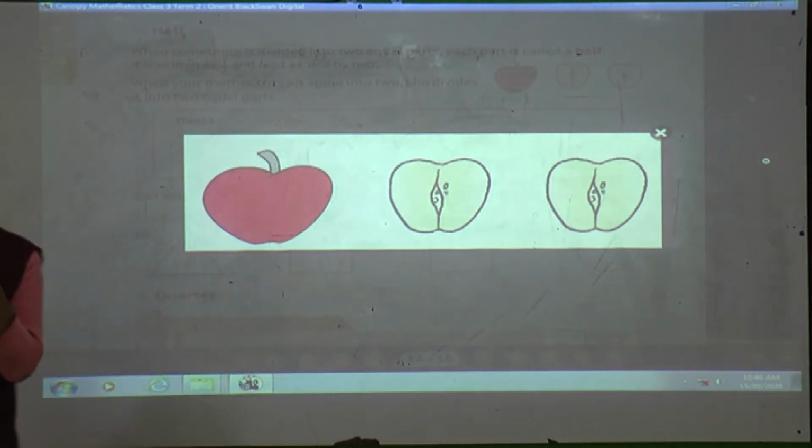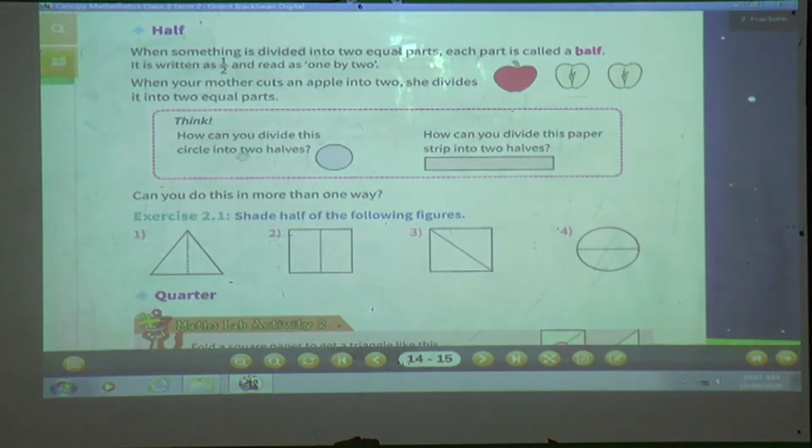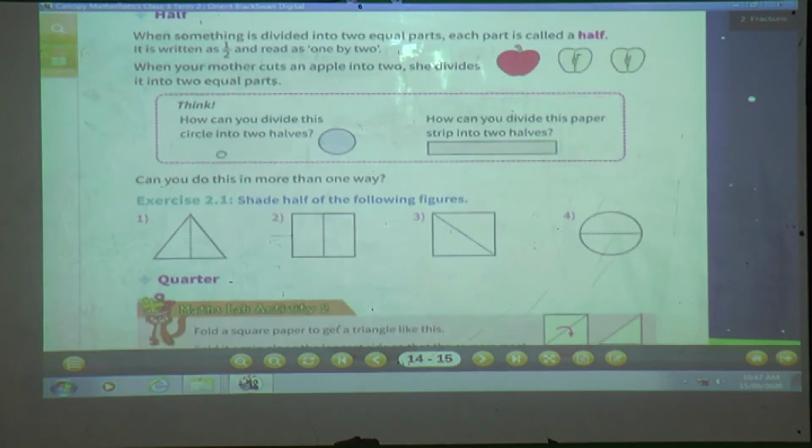When you divide that apple, a very important word, equal, into two parts, each part is called a half. When your mother cuts an apple into two, she divides it into two equal parts, and each part is called a half. Clear, this half concept?